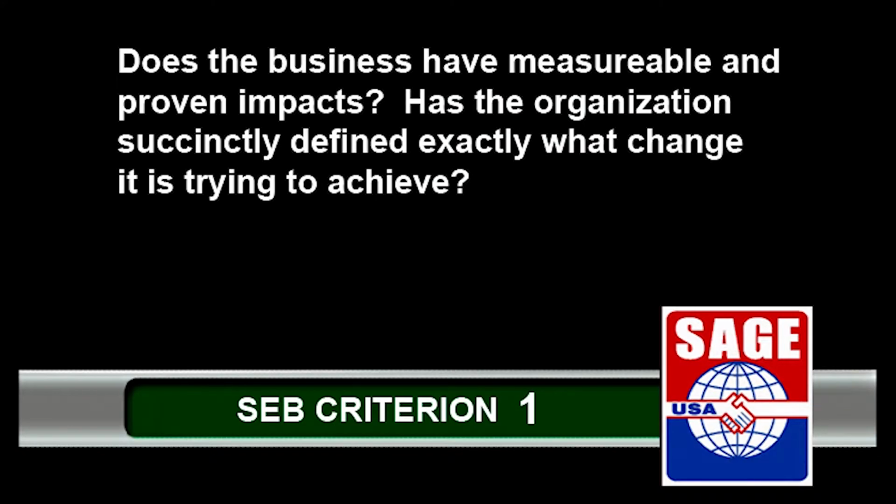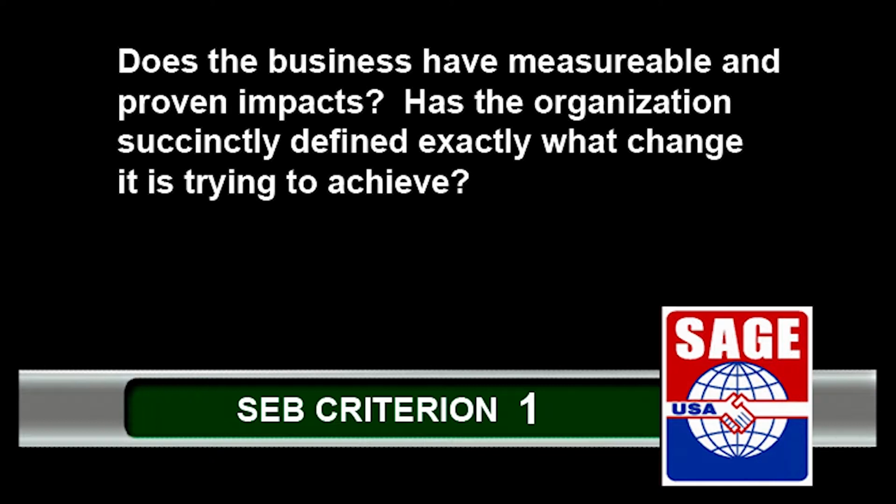Now let's turn to the 5 criteria for a social enterprise business, or SEB for short. SEBs can be structured as a for-profit business or a nonprofit business. An SEB directly addresses social needs through its products or services or through the number of disadvantaged people they employ. The first criterion asks, does the business have measurable and proven impacts?